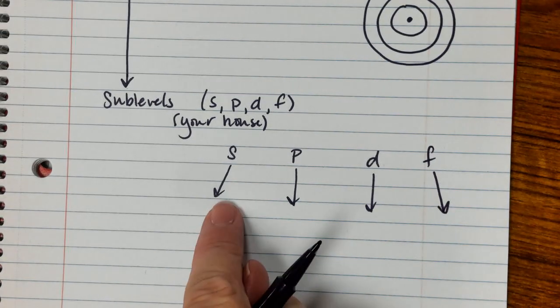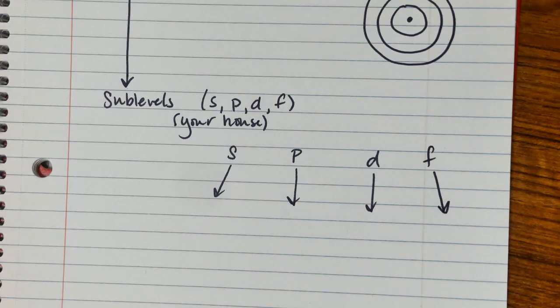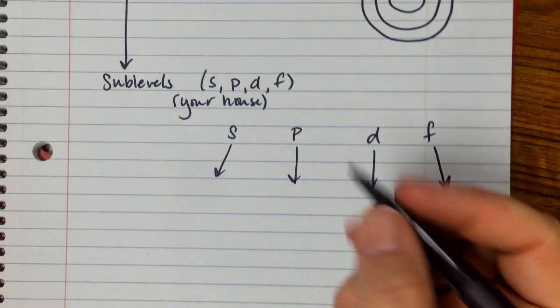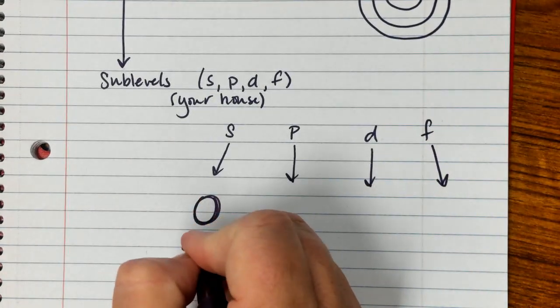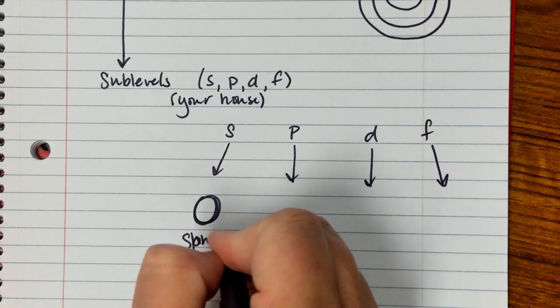Does anybody remember from the original notes what an S orbital or S sublevel looks like? In the funny boarding house model or the actual? In the actual notes we took. It's okay if you don't know. The notes y'all were supposed to take at home, it's a circle, so it's a sphere. Oh, yeah, I remember that. It is a sphere.